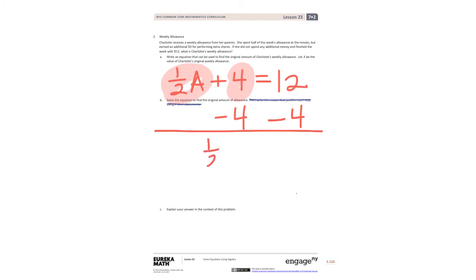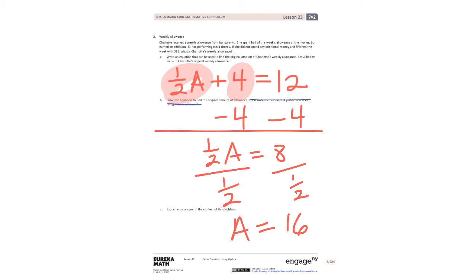So I have 1/2 a equals 8. I'm multiplying 1/2 times a, so the opposite of multiplying by 1/2 is dividing by 1/2. And so a equals 16.